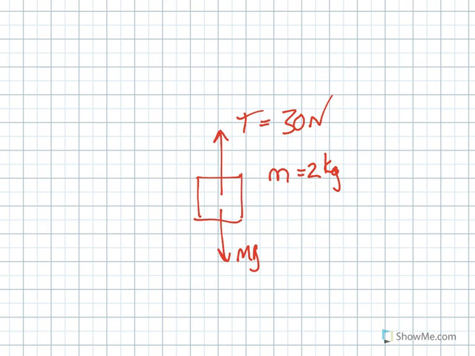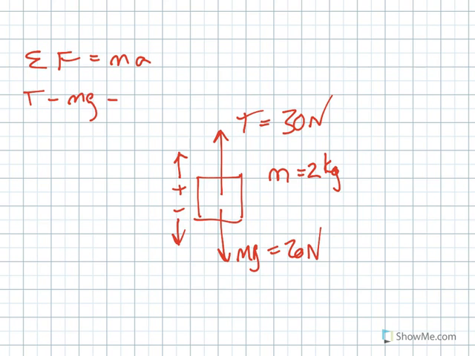Hopefully it's not going to come out to be 0 here. That mg is 20 newtons. So the coordinate system, again, is the same one we've been using. So now net force is equal to m times a. The net force is still T minus mg. I'm still trying to solve for a.